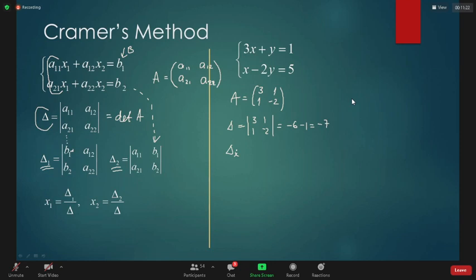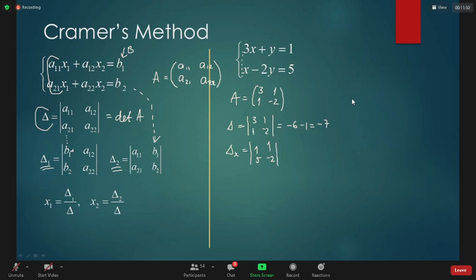I will not write 1 and 2 because I have names for those variables, not numbers. So I replace the first column, the column of coefficients at x, by the free column, by numbers 1 and 5. So I have 1, 5 instead of x coefficients. And for y, I still have 1, minus 2.